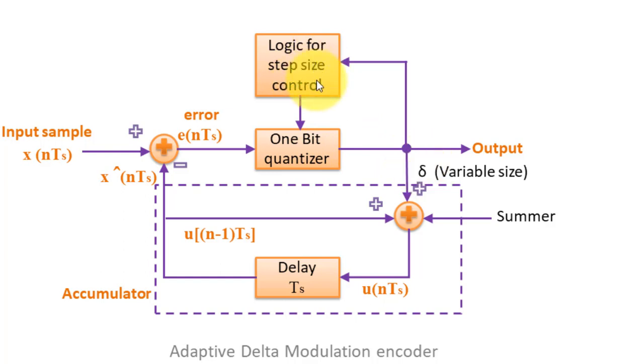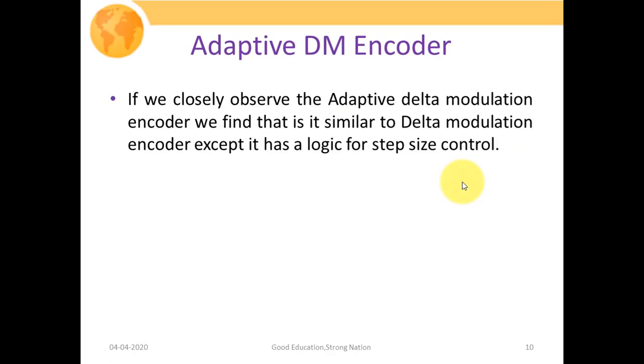The logic for step size control takes input from the 1-bit quantizer output, and depending upon this value it increases or decreases the value of delta. So we have a variable step size delta, which passes through this summer, and all other processes remain the same as in delta modulation. By default, at the output side we only have a single-bit outcome, either 0 or 1, as in delta modulation.